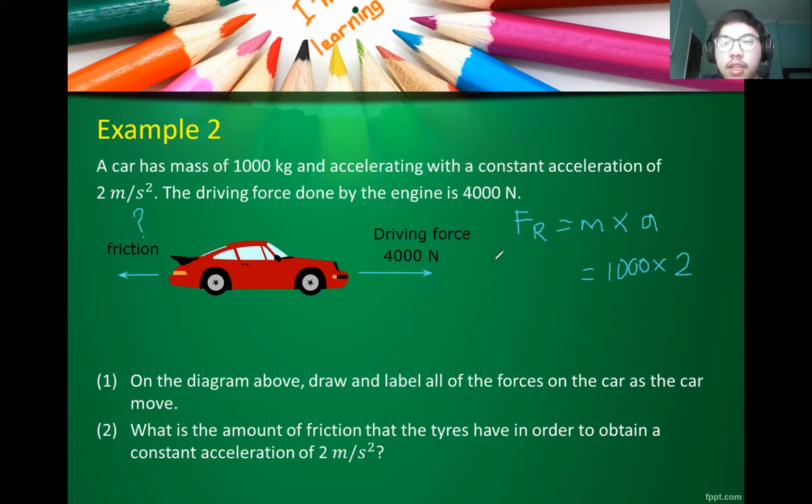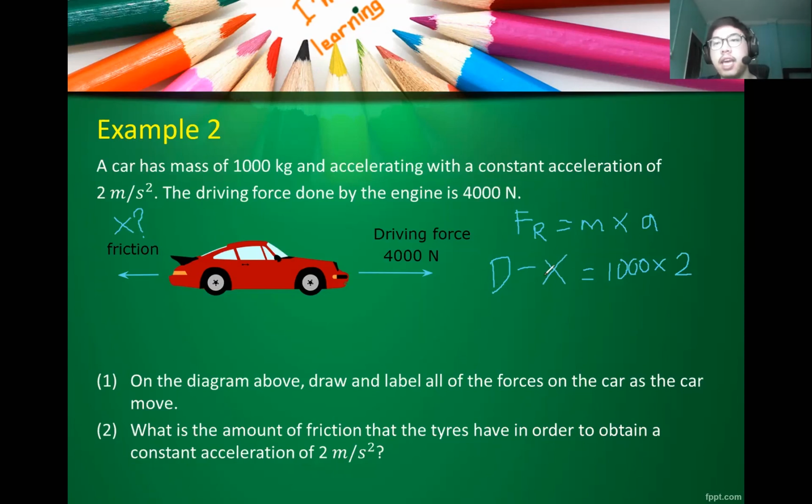algebra here to say, D, in order to get the resultant force, the driving force, D, minus the friction force. Let's say the friction force is, let's use X for the friction force, okay?